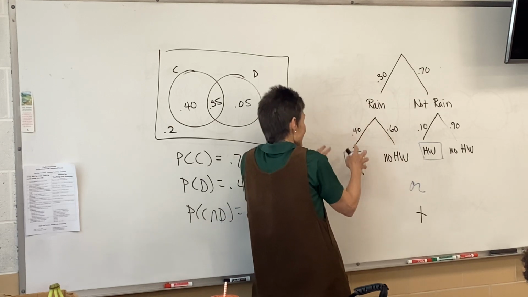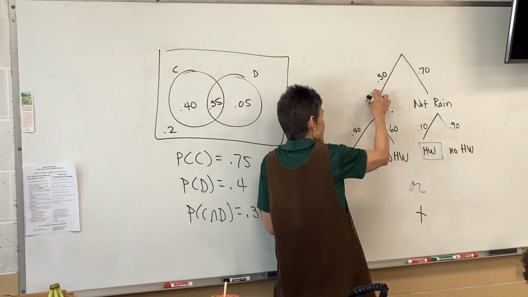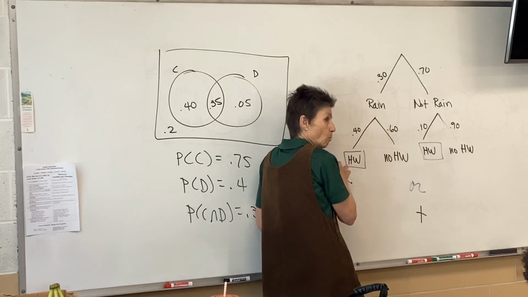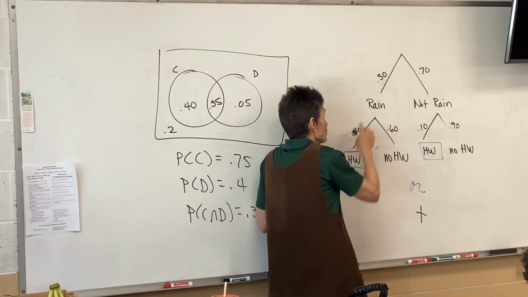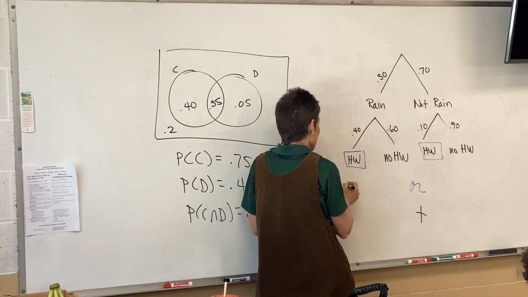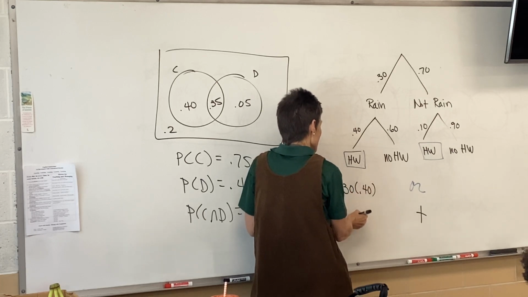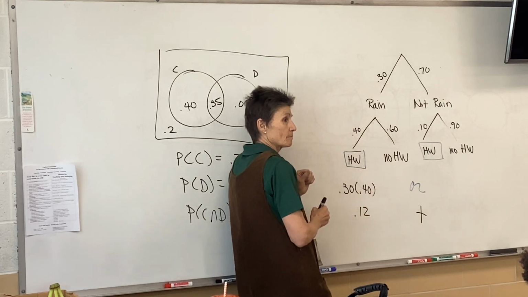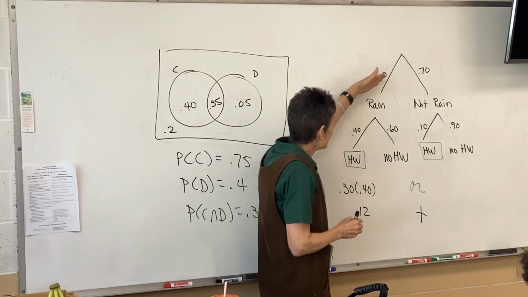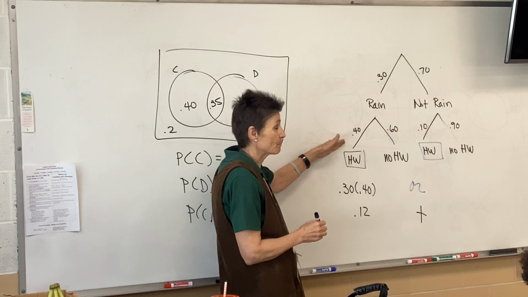Now, this side of the tree diagram is rain and homework. So rain and homework is 0.30 times 0.40, which is 0.12. Rain and homework, and multiply.